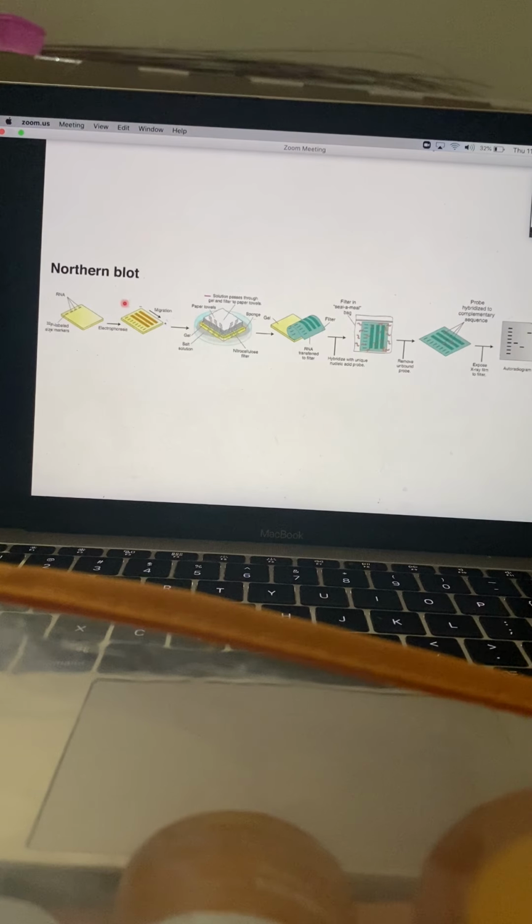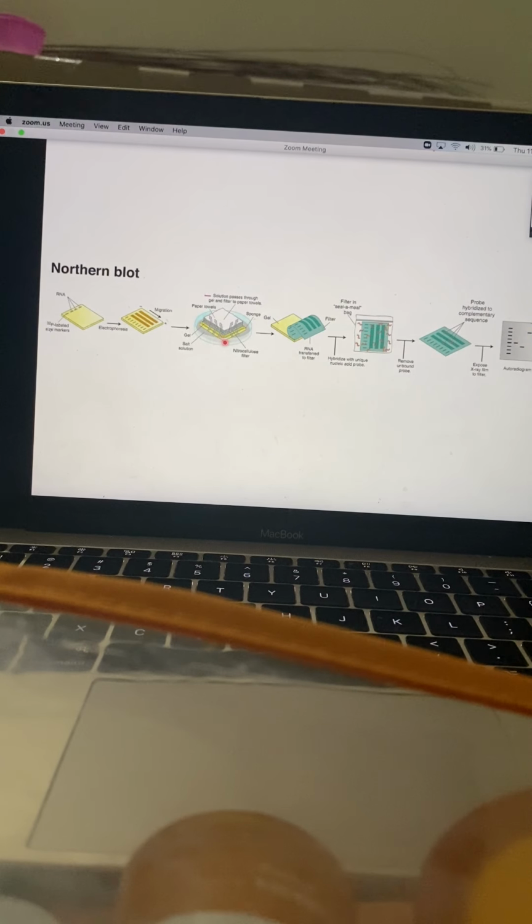So what is northern? In a northern blot, RNA is fractionated on an agarose gel that is denaturing. Denaturing because RNA forms secondary structures, and you don't want that. You want the RNA to be linear. So you get kind of a smear. It's not like you can detect bands.